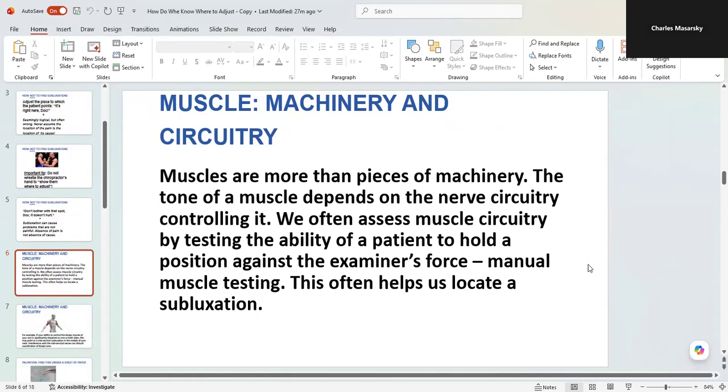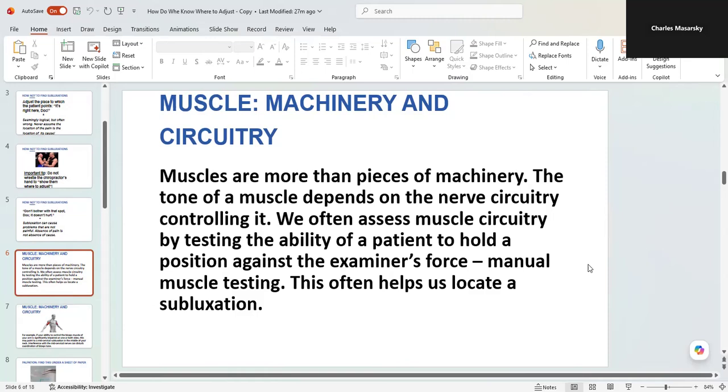Muscles are more than pieces of machinery. The tone of a muscle depends on the nerve circuitry controlling it. That makes muscle function a very important factor in locating subluxation. We often assess muscle circuitry by testing the ability of a patient to hold a position against the examiner's force. That is called manual muscle testing.